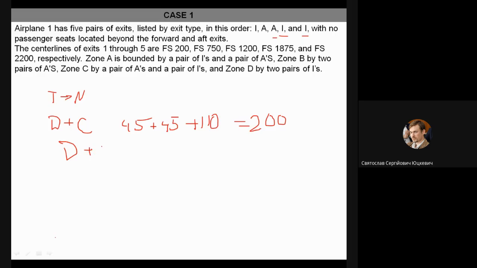Then D plus C plus B without A. We don't need to take it into account.